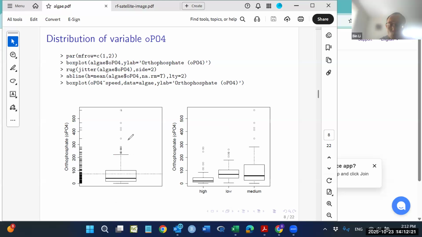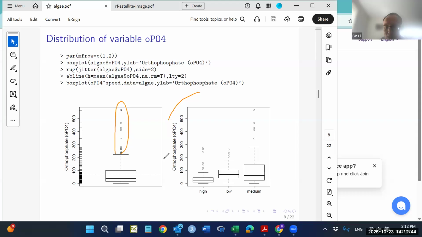If we see some points here, that means the line shown is not the maximum, but Q3 plus 1.5 times the interquartile range. And on the bottom side, it will be Q1 minus 1.5 times the interquartile range.